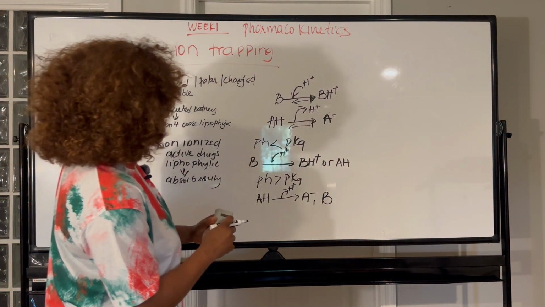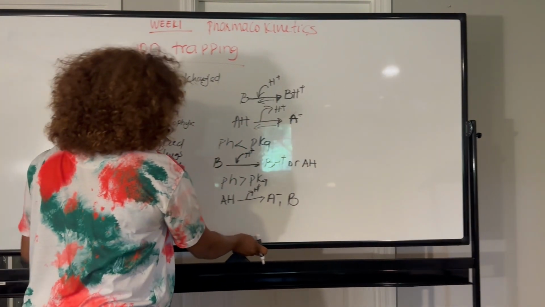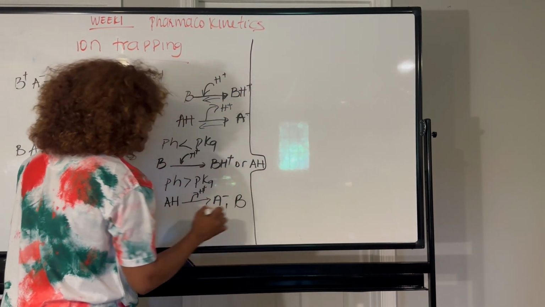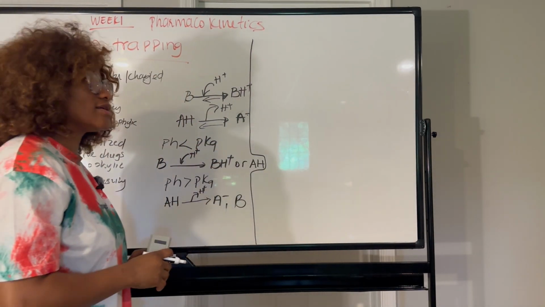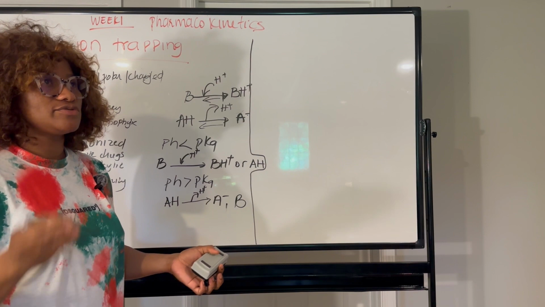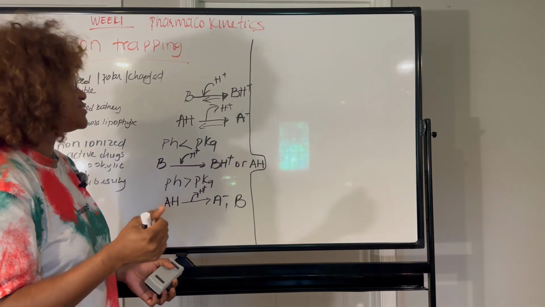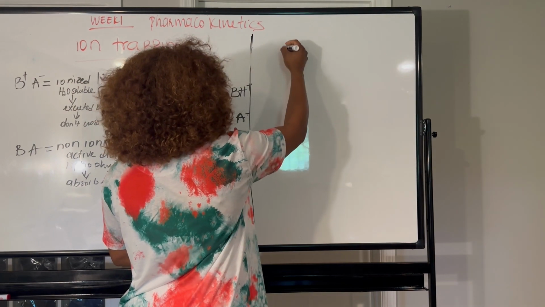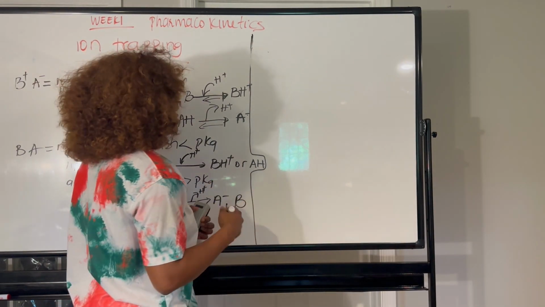Let me see if we can have a good view from here. Now, the ion trapping mechanism: we're gonna take two examples, one with a base and one with an acid. I'll start first with the acid. Let's talk about a PO med.